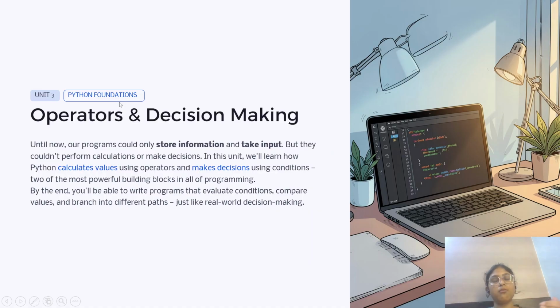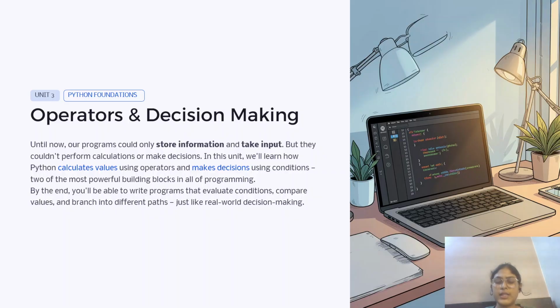Similarly, suppose marks are 85. Can Python automatically decide whether the student has passed the exam? No. We have to write the condition that after certain criteria, certain marks, a person can be considered as passed or failed. That is where today's topic begins, which is operators and decision making.